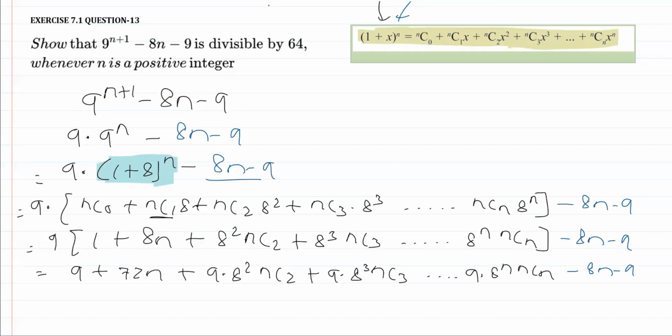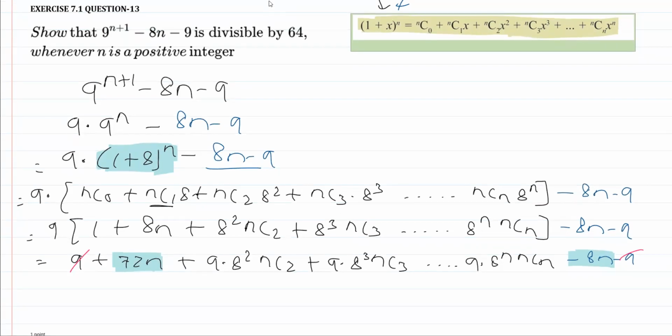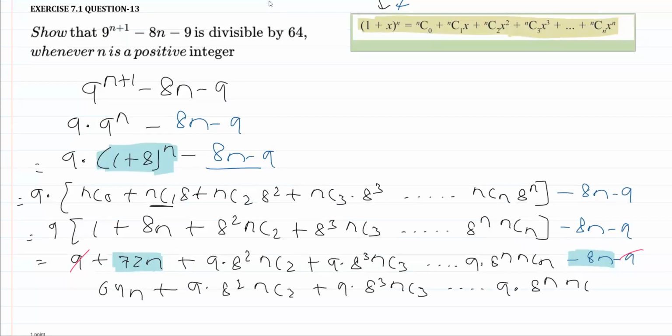We can see here that this positive 9 and negative 9 get cancelled, and we'll solve this part: 72n minus 8n will give you 64n. So this is 64n plus 9 dot 8 square NC2 plus 9 dot 8 raised to the power 3 NC3, and so on, up to 9 dot 8 raised to the power n NCn.